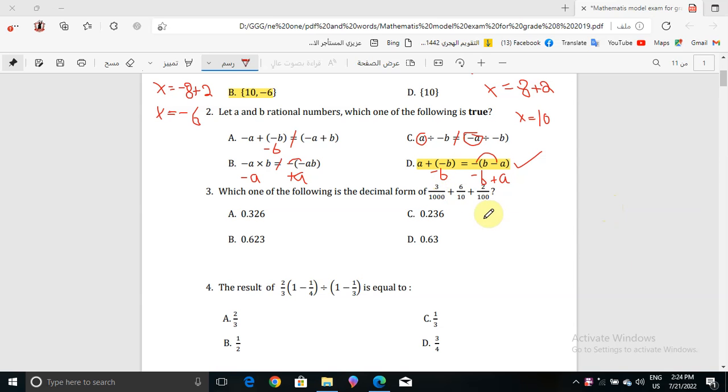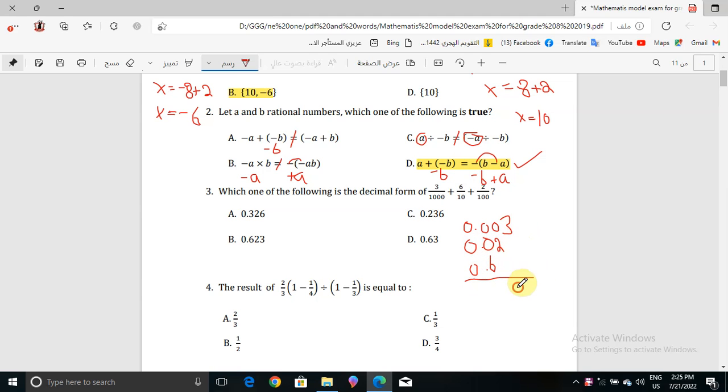It will be 3 over 1000, that means 0.003, because here we have 3 zeros, so after the decimal point it should be 3 places, that means 0.003. Okay, and 6 over 10 will be 0.6. Now 2 over 100 will be 0.02, and 6 over 10 is 0.6.